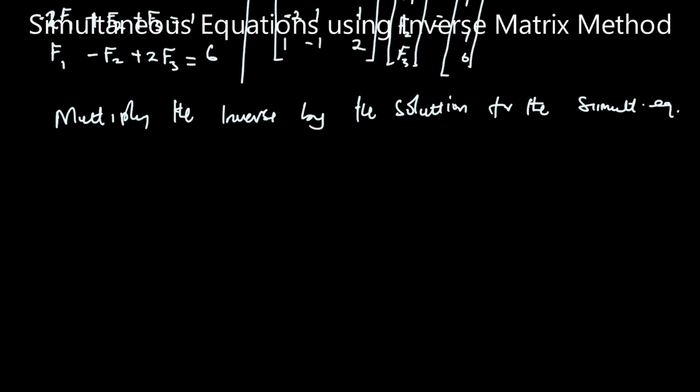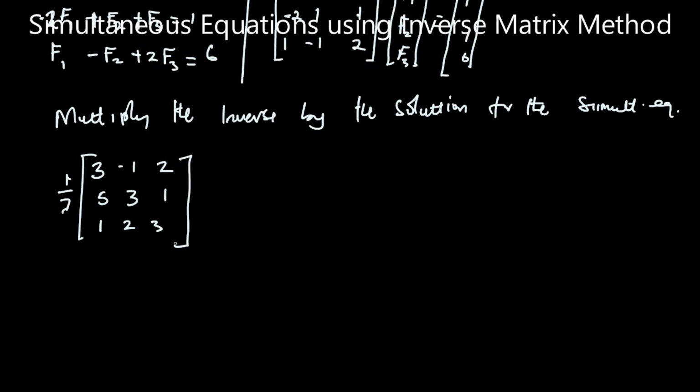And our inverse was looking like this. So we have 1 all over 7 of 3, minus 1, 2, 5, 3, 1, 1, 2, 3.